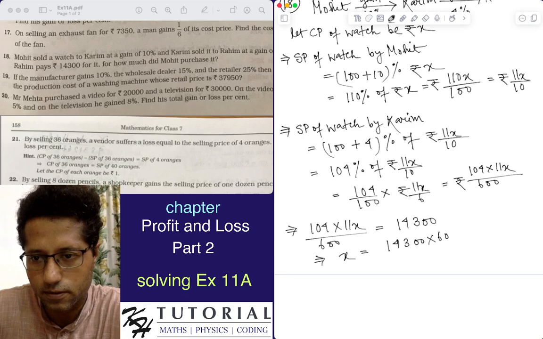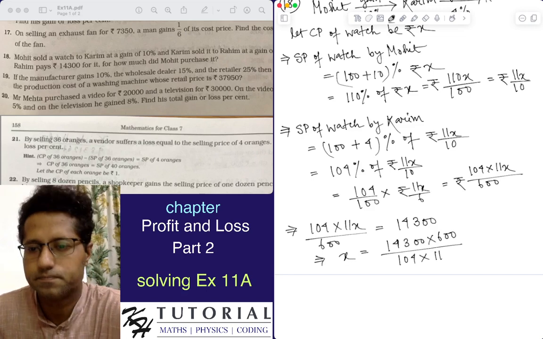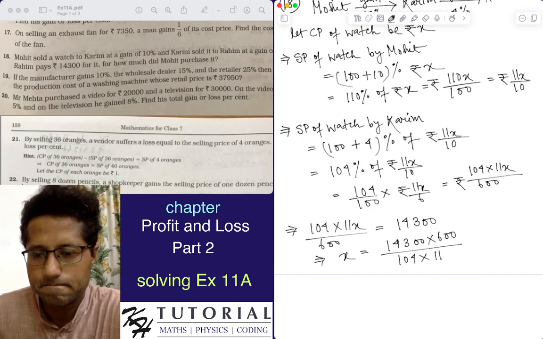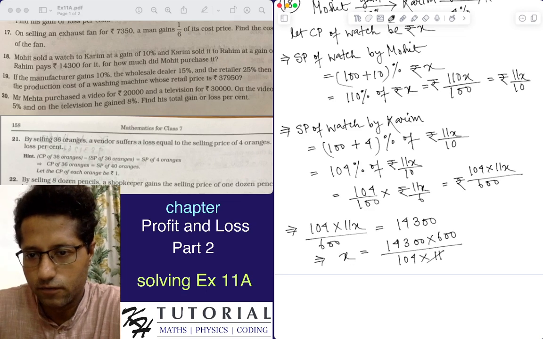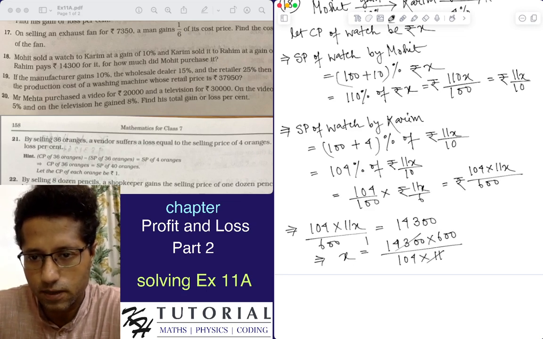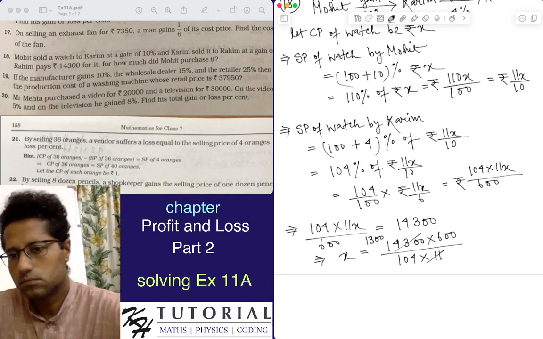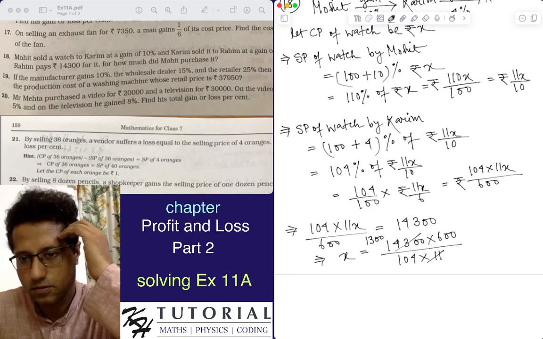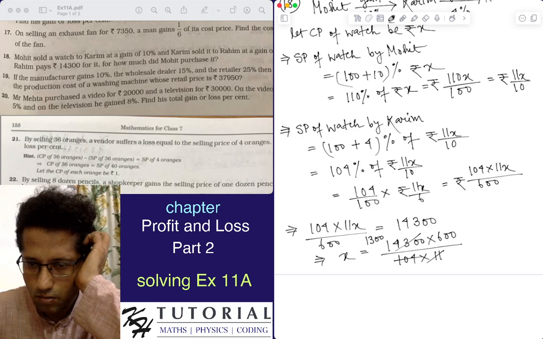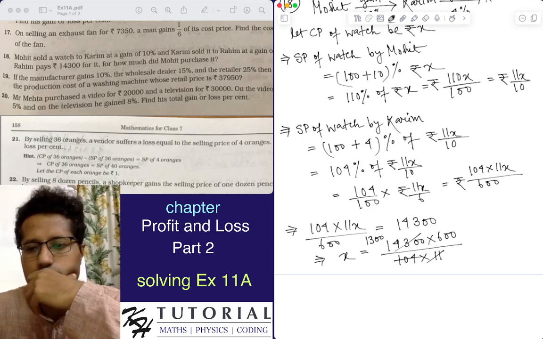Now if we solve for x, we get x equals 14300 into 1000 divided by 104 into 11. Okay, 11 divides 14300 with 1300. Now, will 8 divide 104? Yes, it will divide.